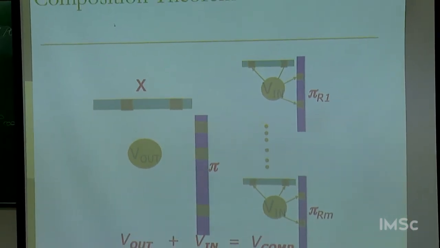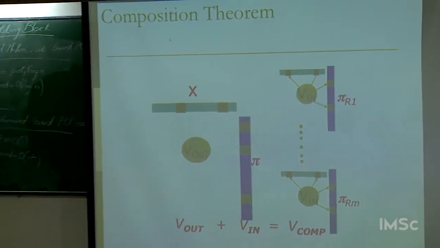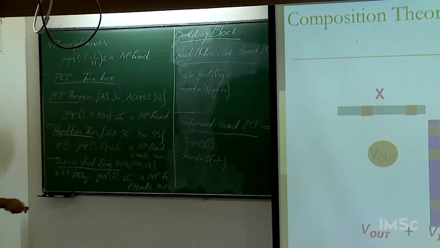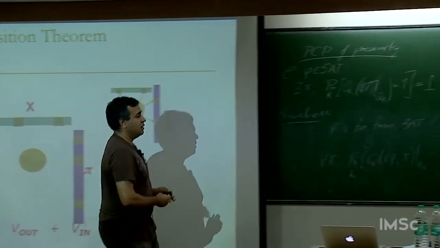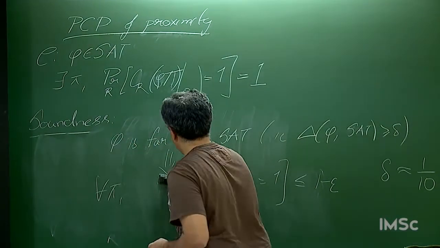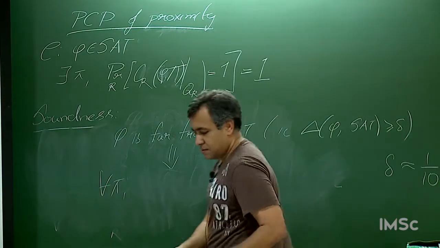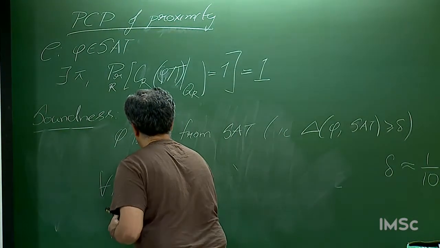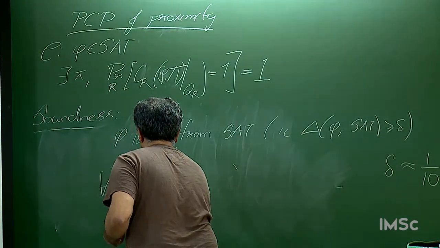And why is that? Notice that the soundness error which we got was exactly this delta which we had here. I actually changed this expected soundness. For all proofs, this is what we had. I should have written this, not the other one.